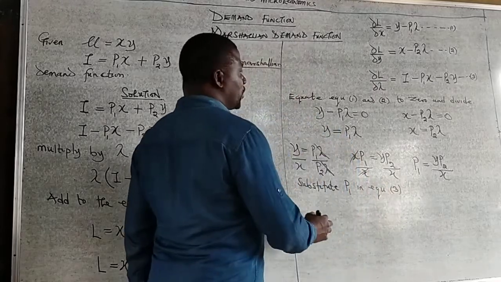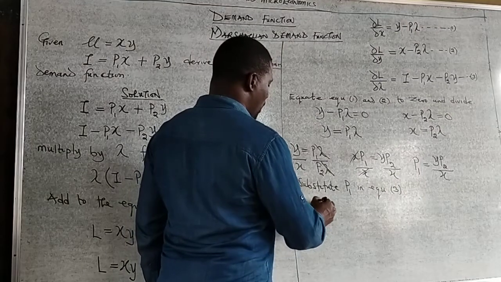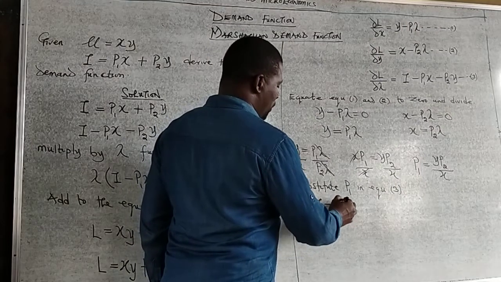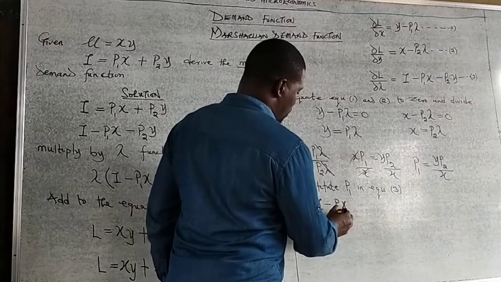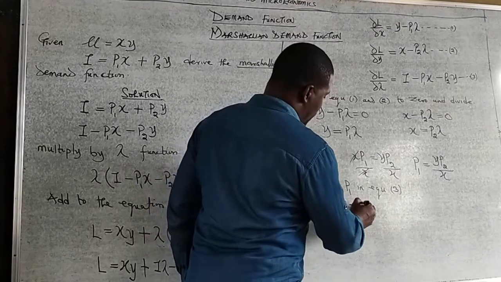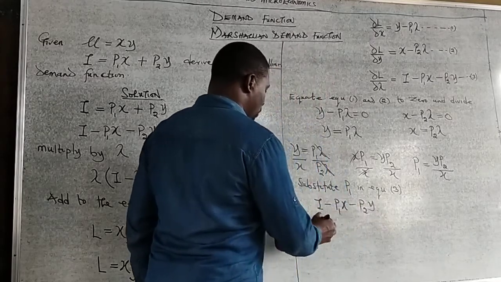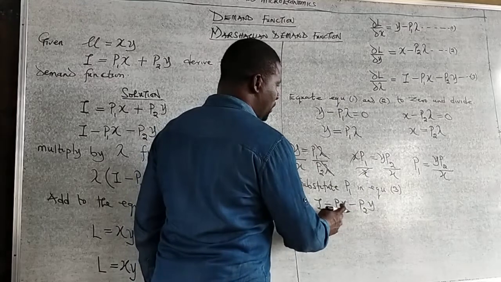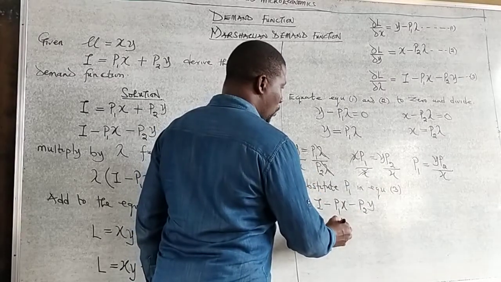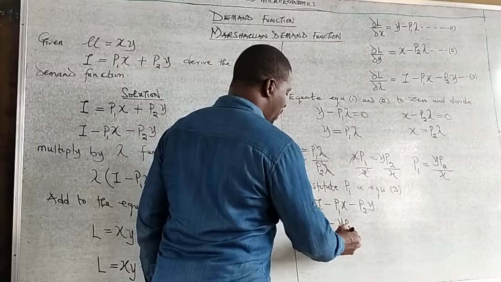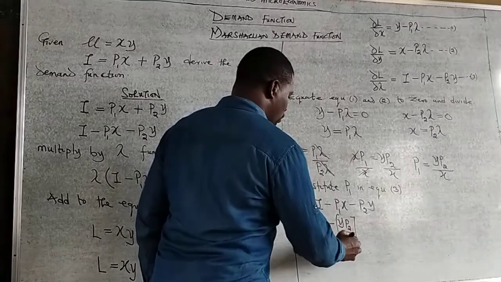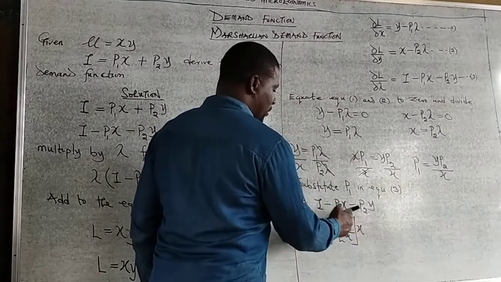Now what's our equation 3? I minus p1 x minus p2 y. So I minus, what's my p1? y p2 over x, in bracket, times this x.